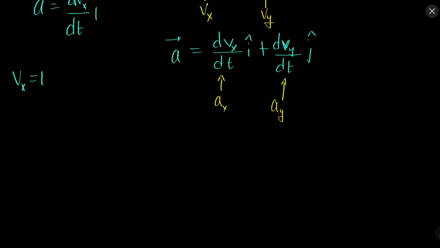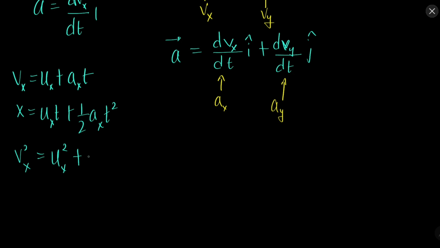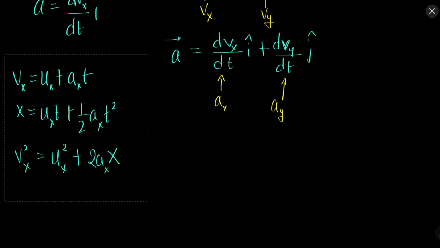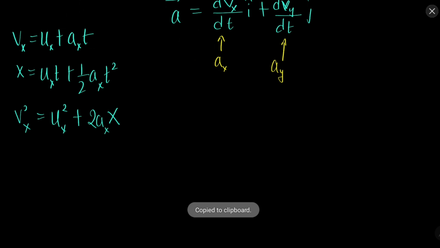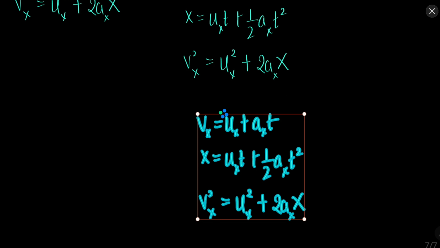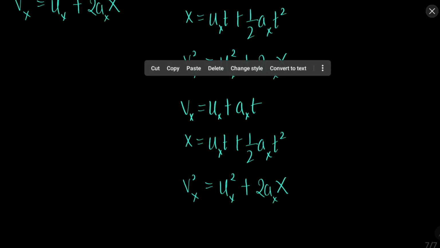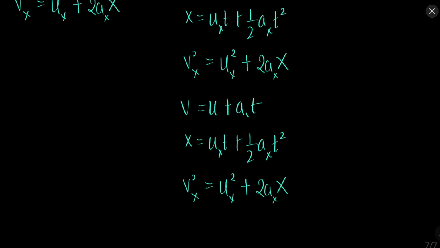Here it could be written like this: uxt plus half axt square and vx square equal to ux square plus 2axx. So this x represents that the motion is in the x direction. Similarly, the same equations can be used here, okay. It's just that we will use one set of equations for the x axis and one set of equations for the y axis, okay. So let me just remove all the x's and write y in their place.